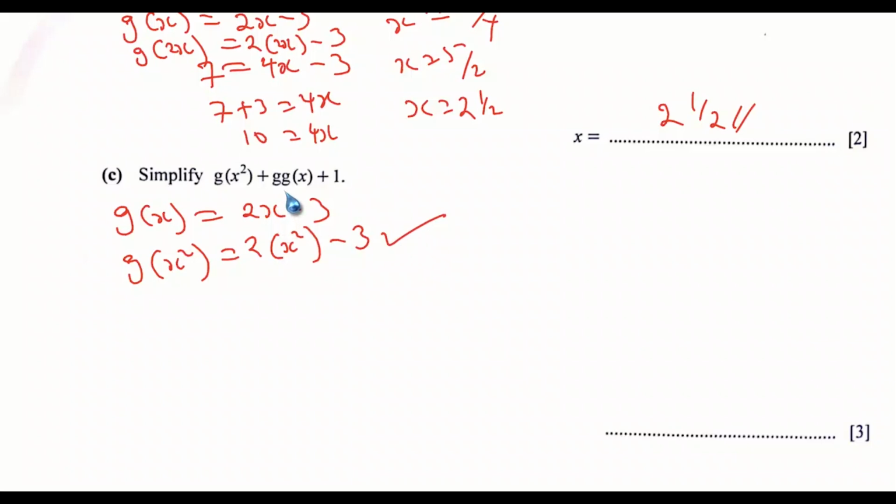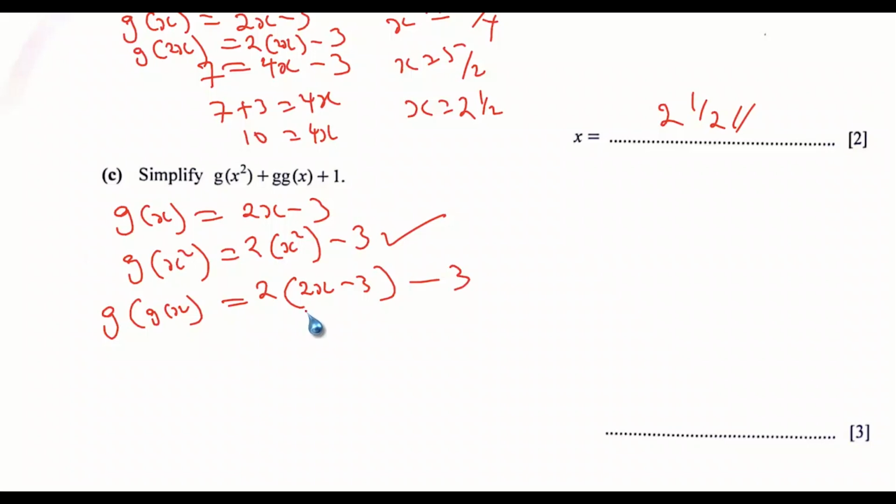So next is to find gg of x. g into g of x, that is gg of x. So it will be equal to, anywhere we see x, we pass in g of x. So we are passing itself into x. So we have 2 into, then let's pass in g of x. g of x equals 2x minus 3, then minus 3.